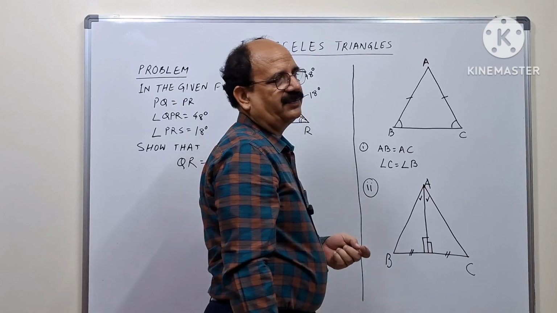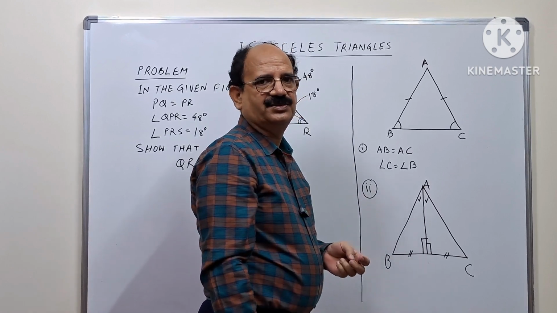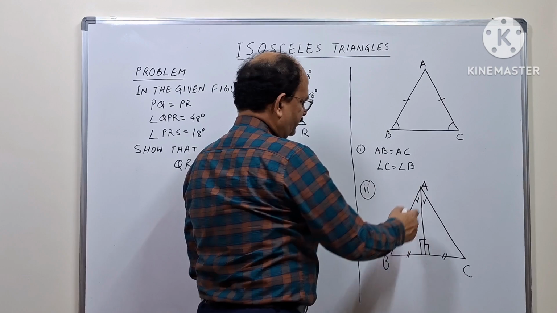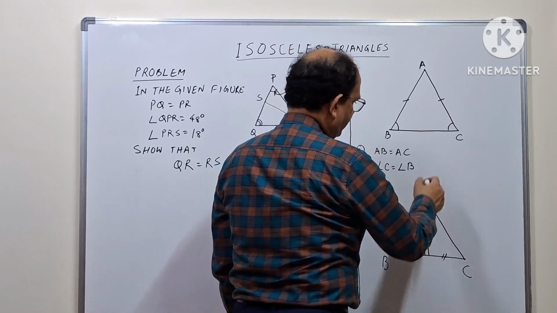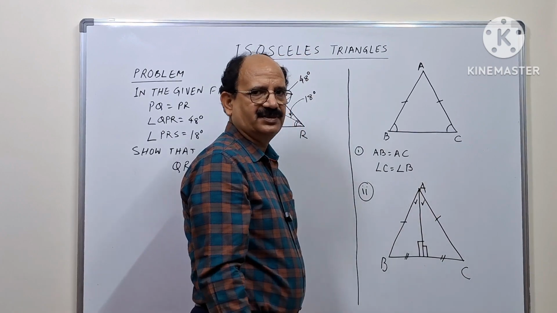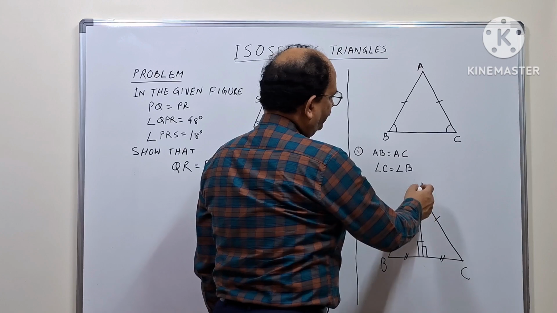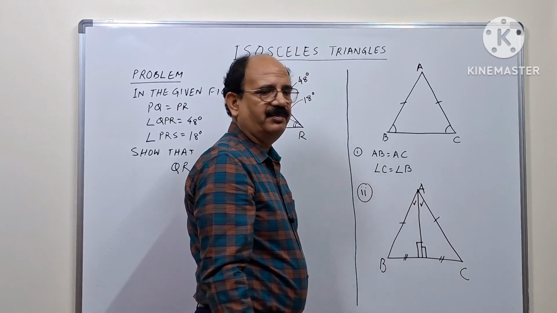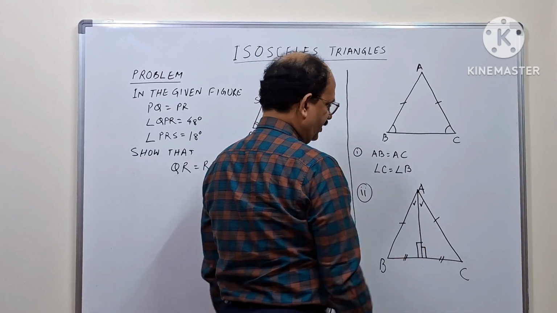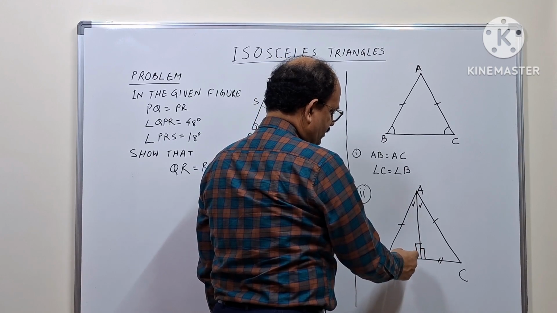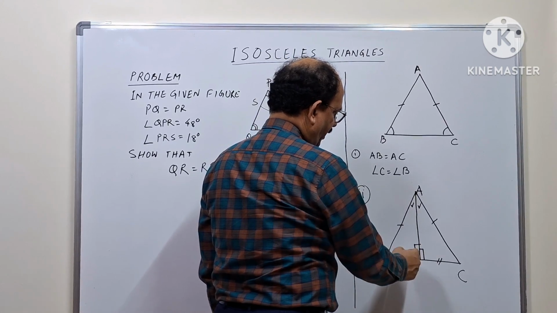Another property of an isosceles triangle, which you should know, is that in an isosceles triangle, suppose AB and AC are equal, if from the vertex A you draw a perpendicular on the base, that is BC, then this perpendicular divides the base into two equal parts.